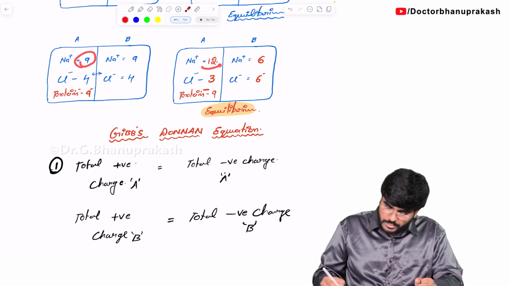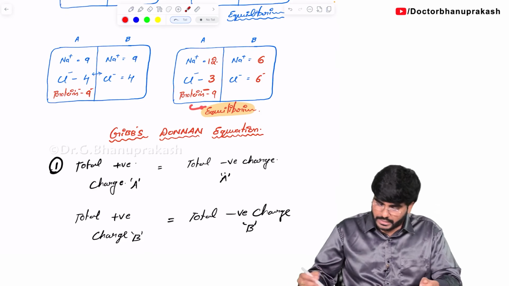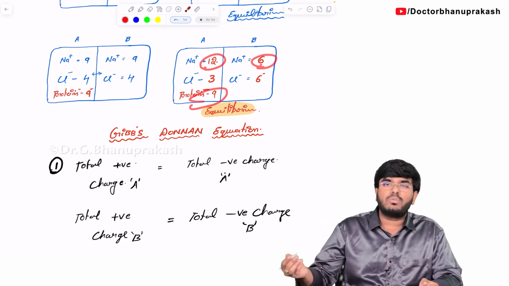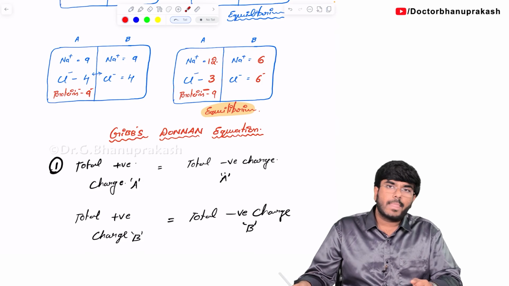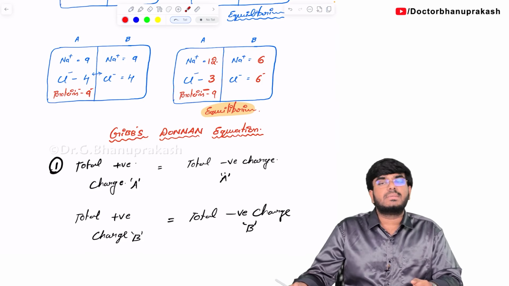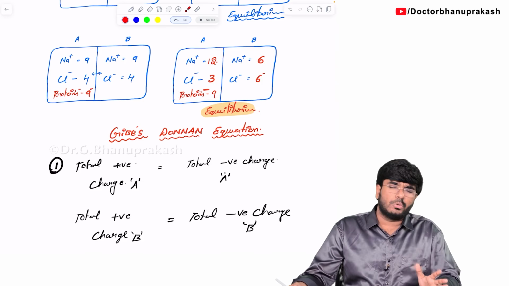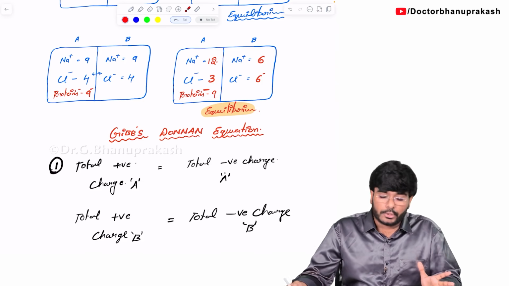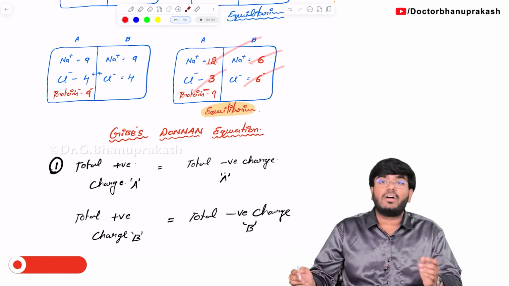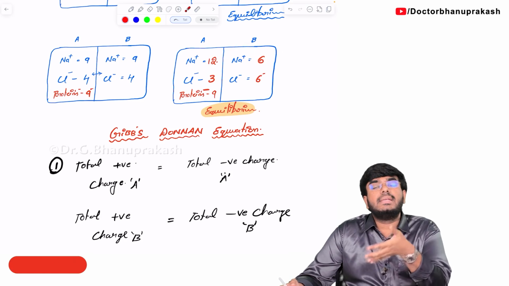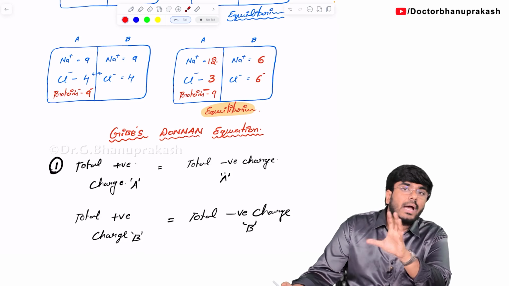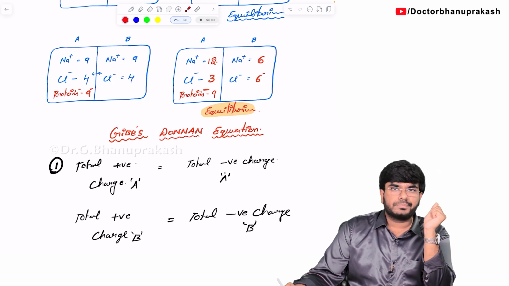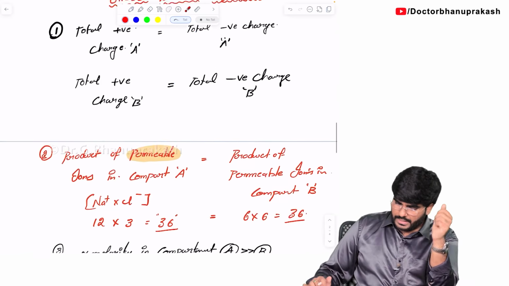The sodium which was supposed to be 9 became 12. Previously 9 and 9, equally distributed, but now here 12 sodium is there, and in compartment number B only 6 sodium is there. So in the presence of proteins or any large impermeable molecule, the distribution of ions will be affected. That is the Donnan's effect, and it tells us why the ions are unequally distributed in our cell.